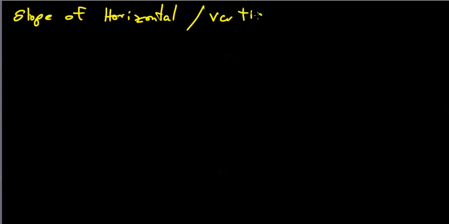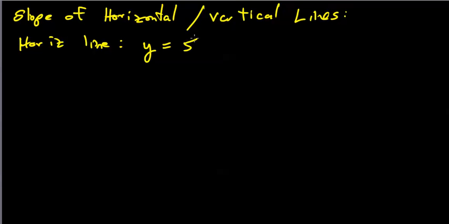Let's talk about slopes of horizontal and vertical lines. What do I mean by that? Let's look at a horizontal line first. Well, as you know from our last section, a horizontal line is of the form y equals a constant. Let's look at the line y equals 5.